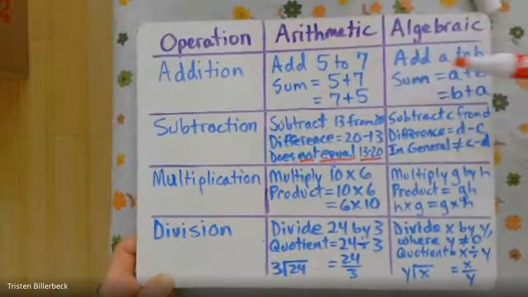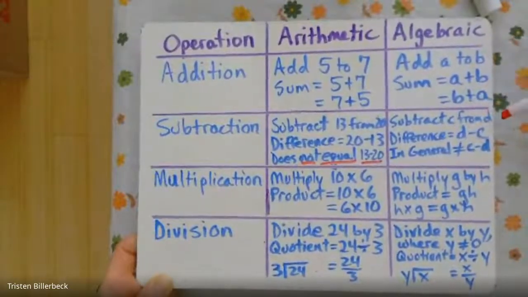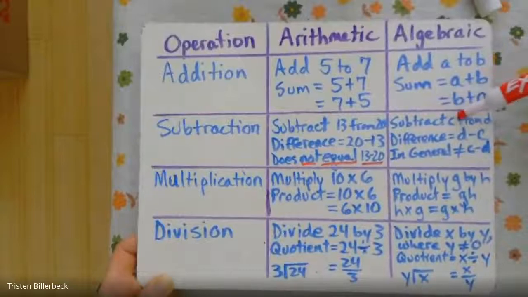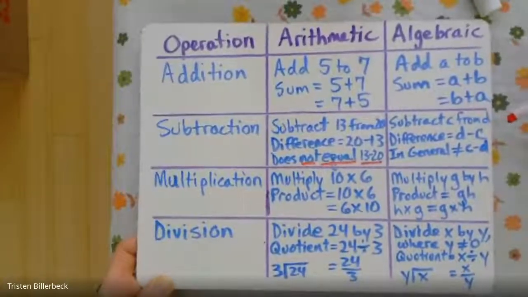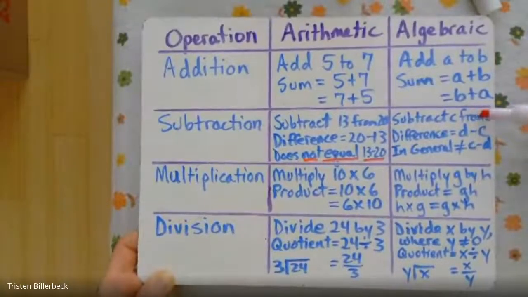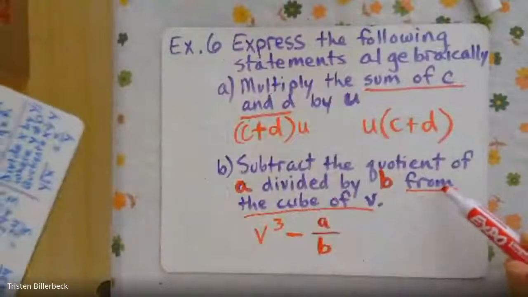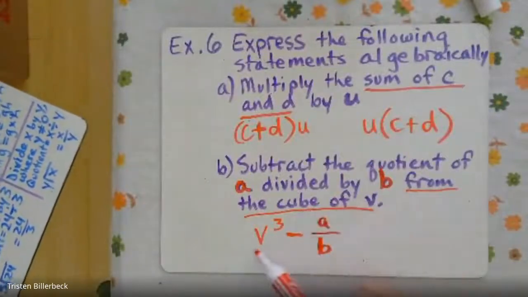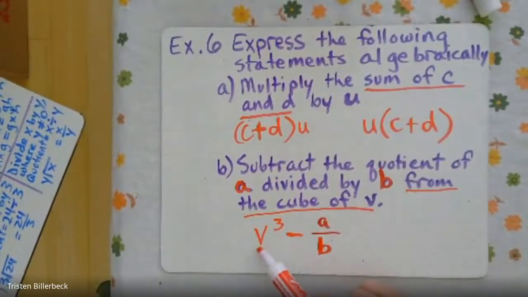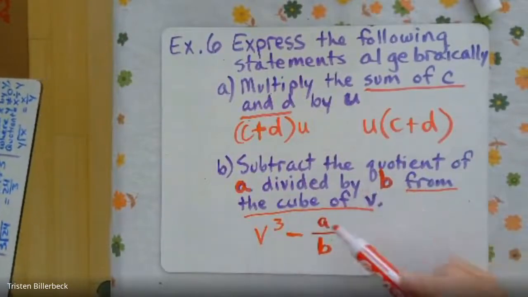When we do the subtraction, it says subtract C from D. Well, we had subtract the quotient from V cubed. So when we subtract, this goes first. Whatever's after the from goes first. So we look here, from the cube of V. So that goes first. And then we're subtracting the quotient of A divided by B. So A divided by B.